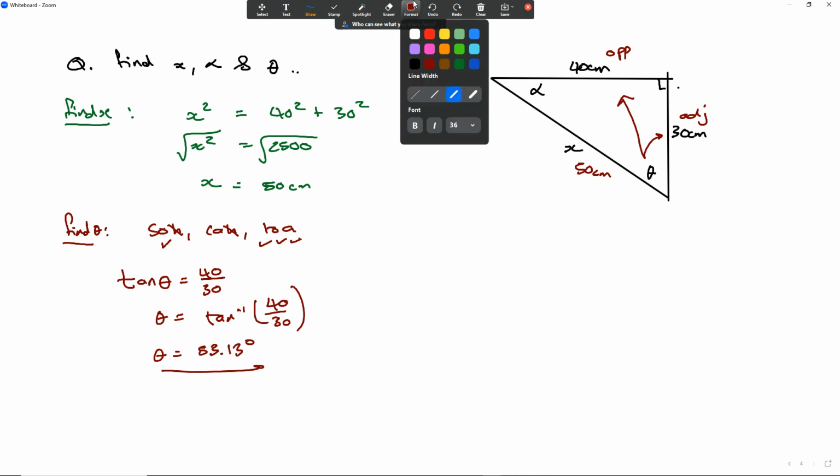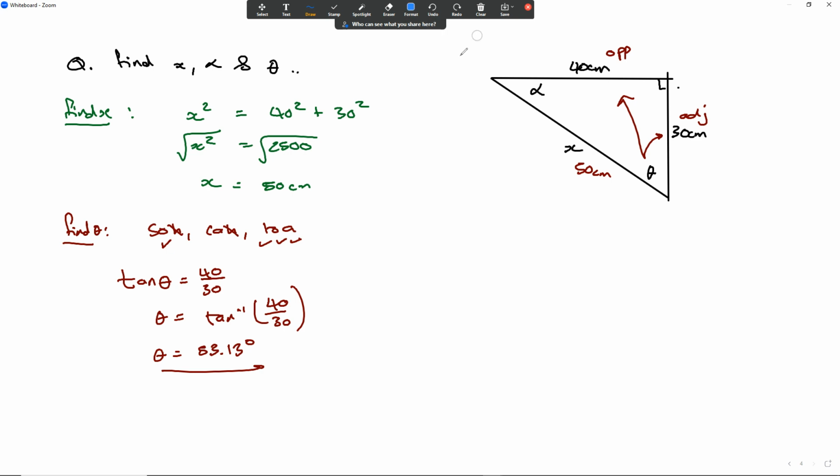Now that we have that, if I want to find alpha, then angles in a triangle add up to 180 degrees. So alpha plus 90 degrees plus theta is equal to 180 degrees.